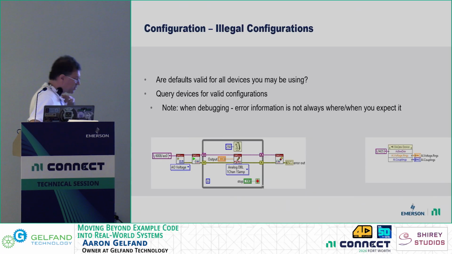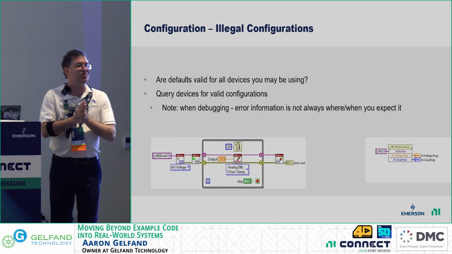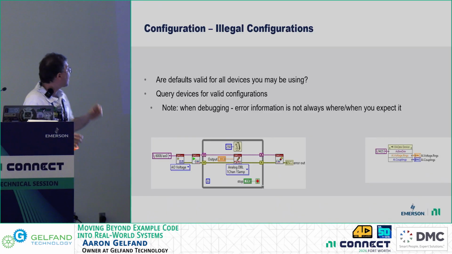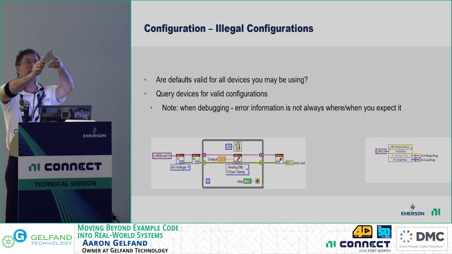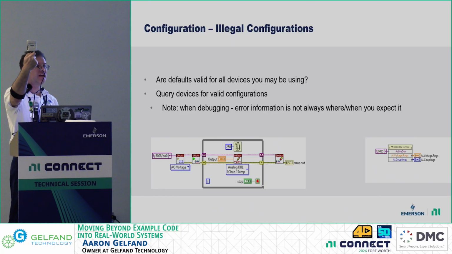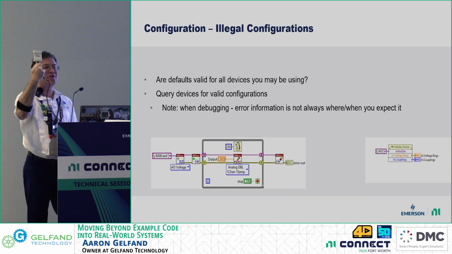Illegal configurations. Are the defaults valid for devices you might be using? I have, for purposes of today's demonstration, an NI USB-6008. It's a little cheap USB DAQ device, designed as one of their value products.